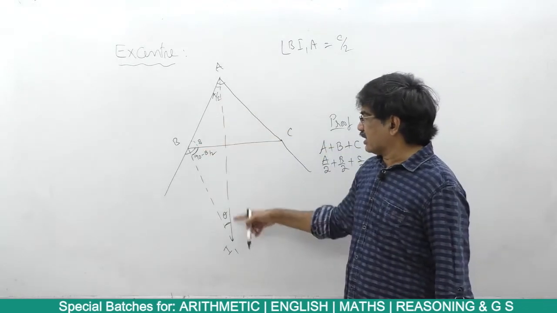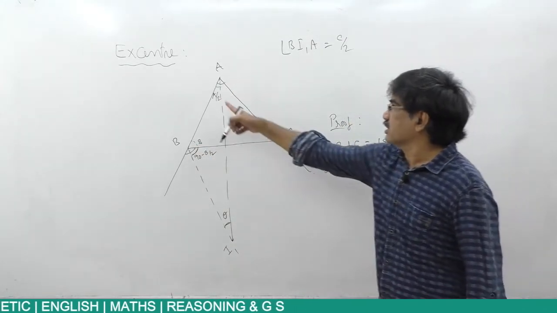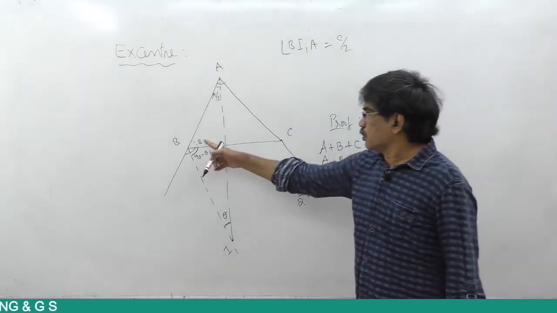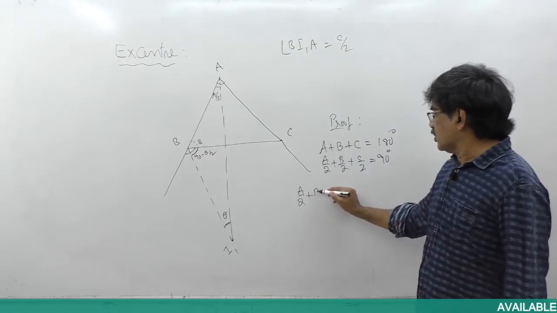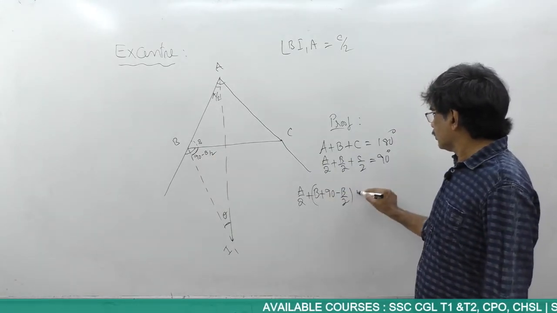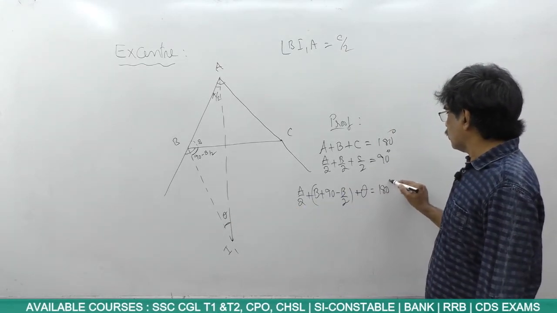The sum of these three angles in triangle BI1A is equal to 180 degrees, that is A by 2 plus B plus 90 minus B by 2 plus theta is equal to 180 degrees.